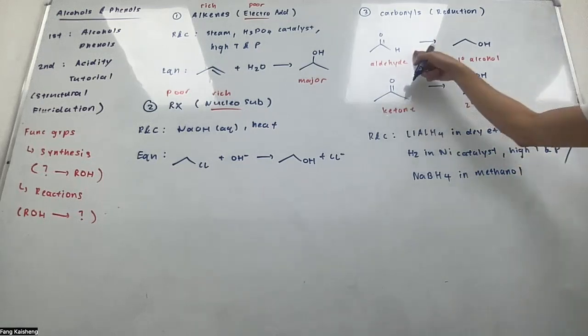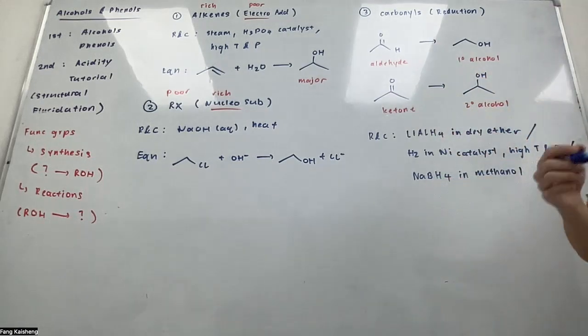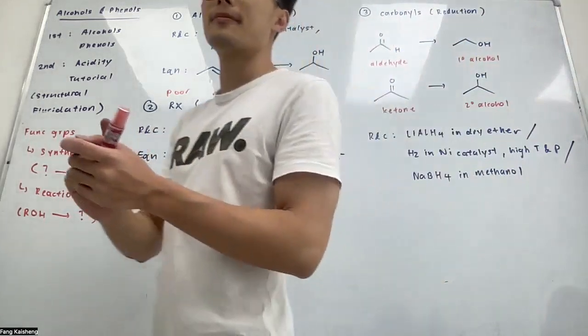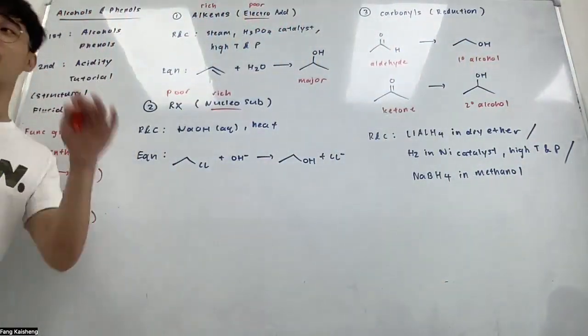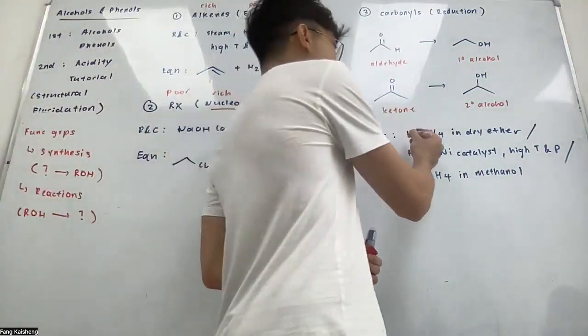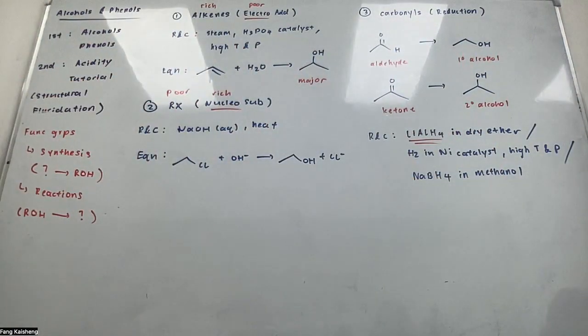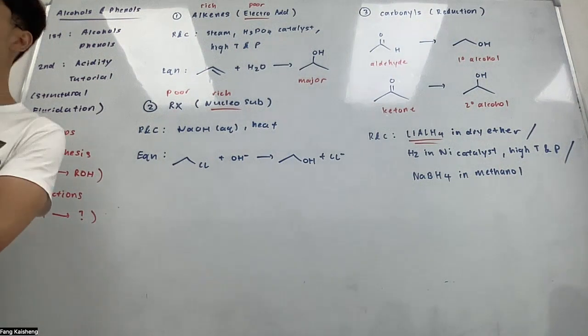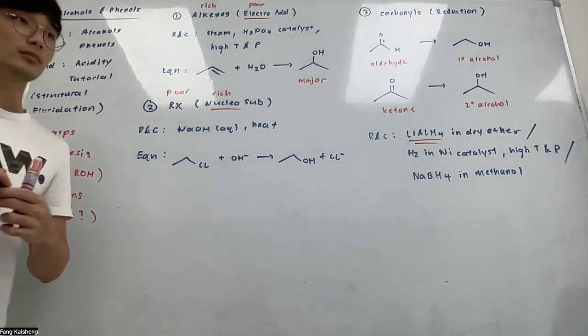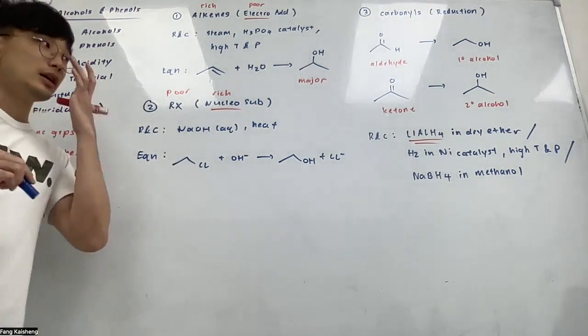So if you want to reduce aldehydes or ketones, you can use any one of the three. But my personal suggestion is right now, try to absorb this: LiAlH4, dry ether. The rest, I'll talk about soon, maybe in the next chapter. All good so far?